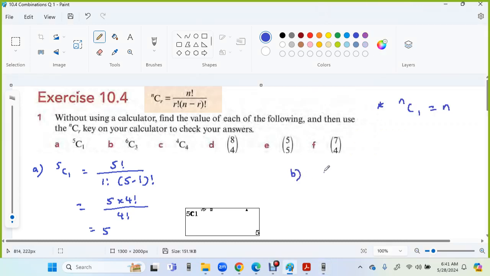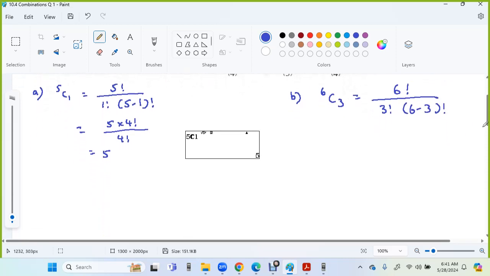So B, we have 6C3. Then it will be 6 factorial over 3 factorial times 6 minus 3 factorial. Okay.